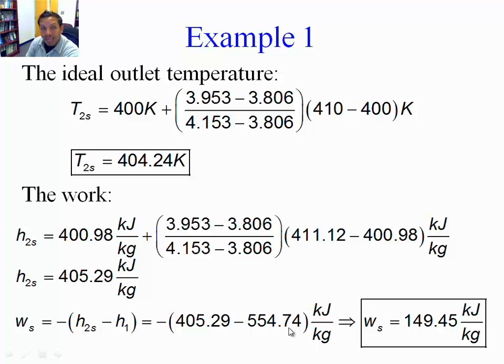Obviously, that leads to a negative delta H, but when multiplied by the negative sign, that leads to a positive work. Ideally, this turbine will produce 149.45 kilojoules of work per every kilogram of air that passes through. So that's our conclusion from the isentropic point of view, the ideal work that this turbine will produce.